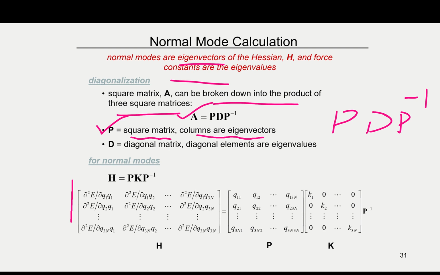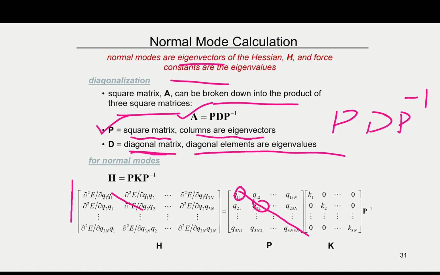D is a diagonal matrix. What does it mean, diagonal matrix? If you look diagonally in here, this is Q11, Q22, this will be Q33, and if you just come like this diagonally, you will find that this gives you a diagonal matrix. The diagonal elements are the eigenvalues.